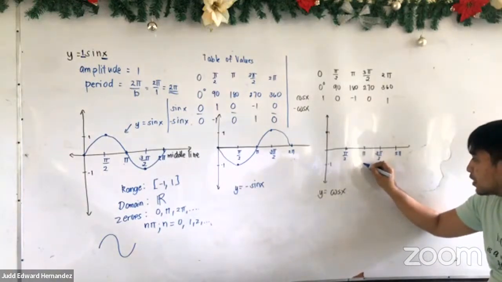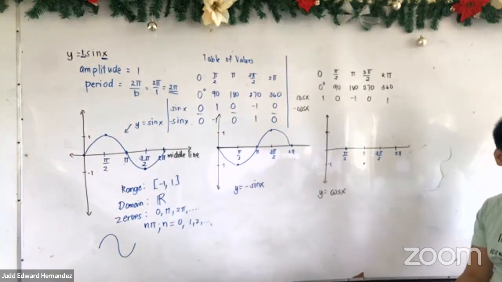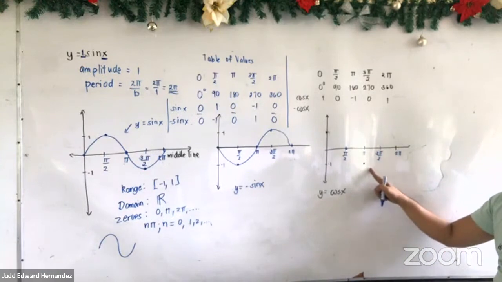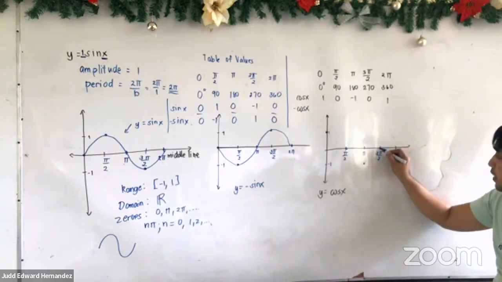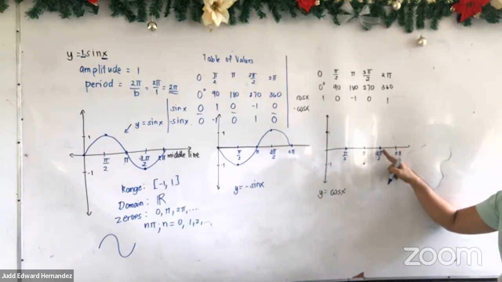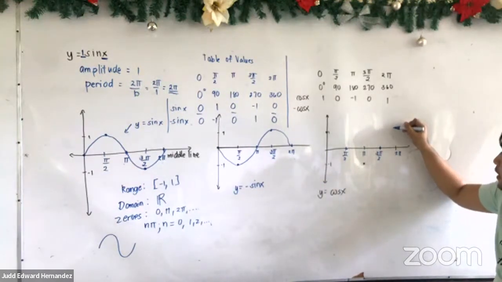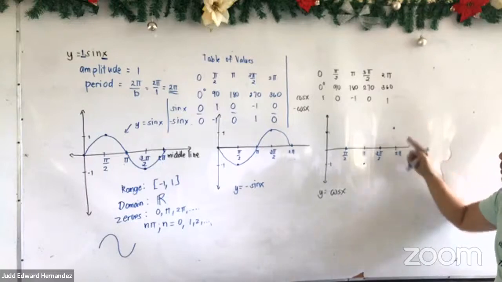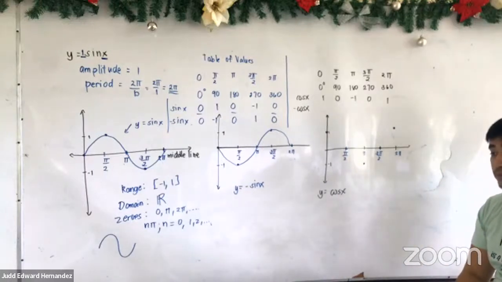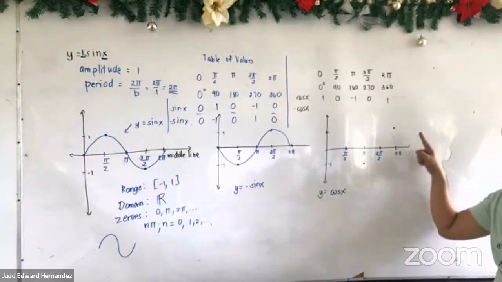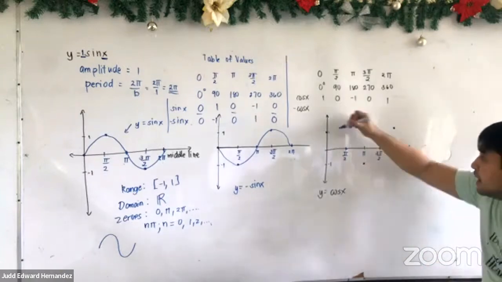Tama ba na nandito siya? Opo. 270 is 0. Andito ba siya? Opo. 360 is positive 1. Tama po ba na bumalik siya dapat kung nasan siya? Yes or no? Yes po.